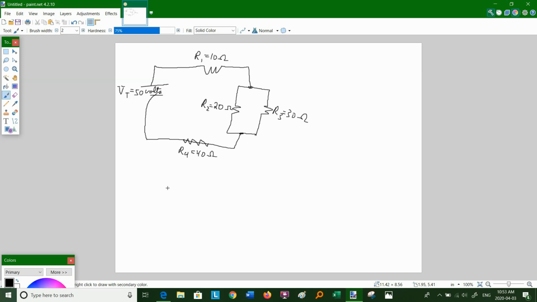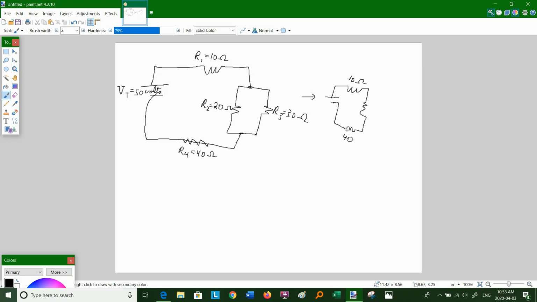Okay, so I want to solve the circuit here. So I reduce it down to, I got to write smaller, don't I, to get it all in here. 10 ohms, and then the equivalent resistance R23, and then I got R4, which is 40. R23 is going to be 1 over 20 plus 1 over 30.